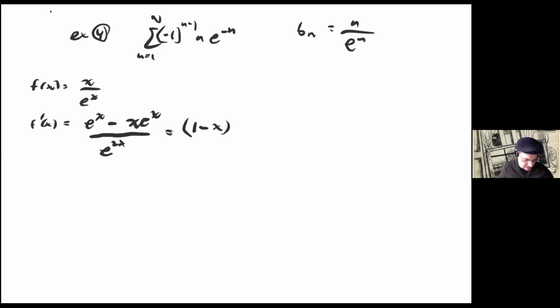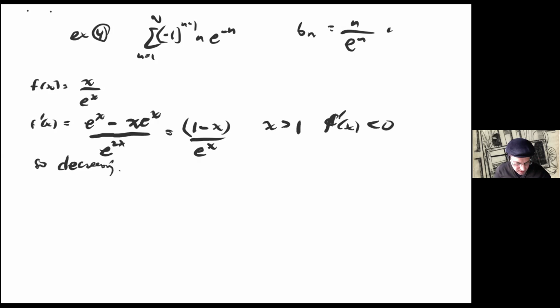We can factor out an e^x, and then this becomes (1 minus x) over e^x. Now the denominator is positive, so if x is greater than 1, f prime of x is negative, so it's decreasing. So therefore, b sub n is decreasing. So that's the first thing we have to check.